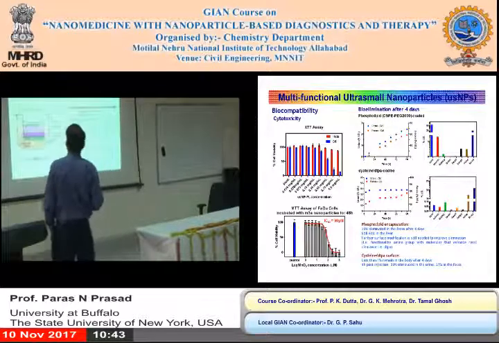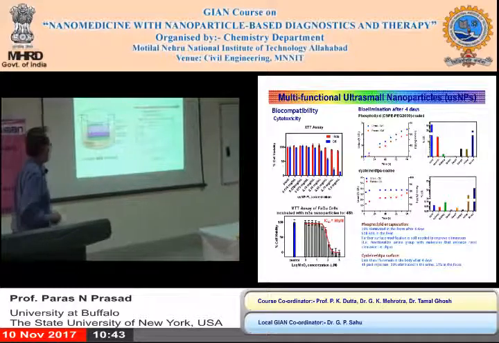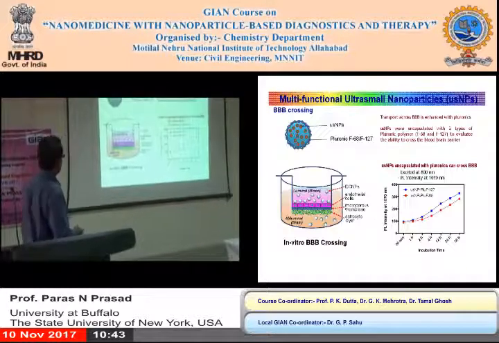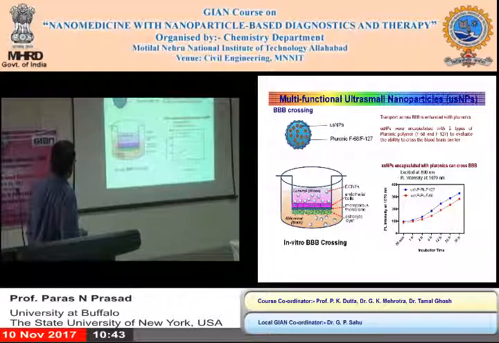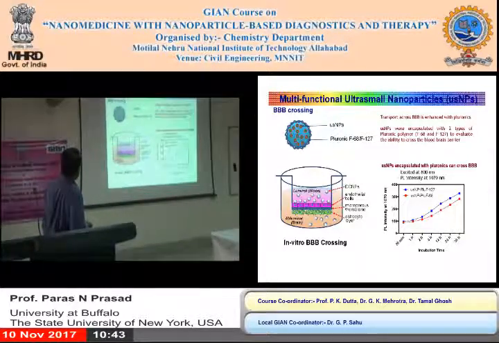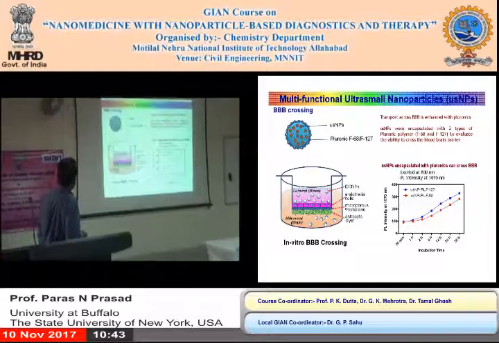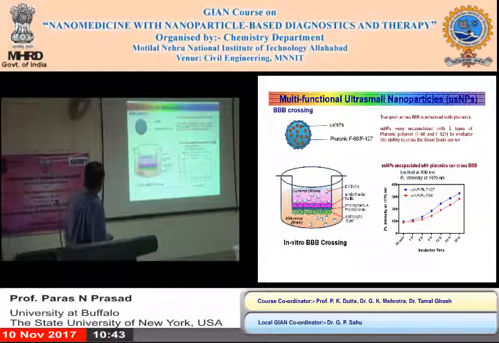Then for the brain, we wanted to see how nanoparticles cross the blood-brain barrier first, and this is the kind of phantom we made. So you have cells at the bottom, then a membrane, then another kind of cell, and then you can put these nanoparticles suspended over there and see how they migrate through this.